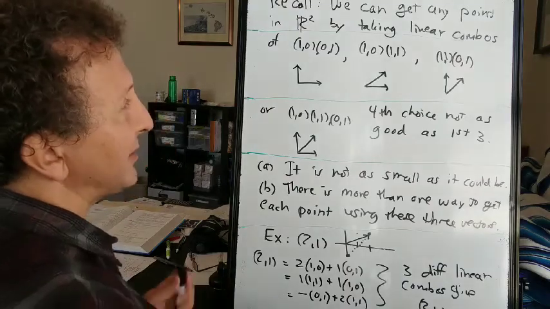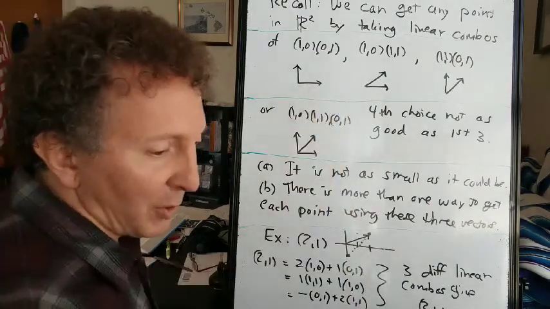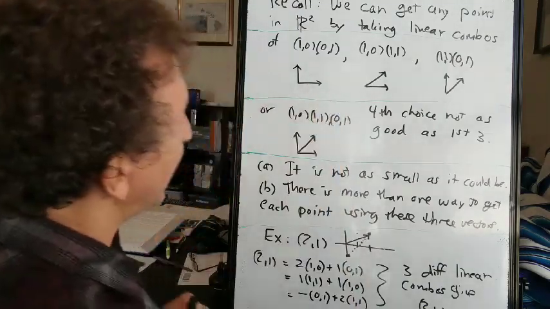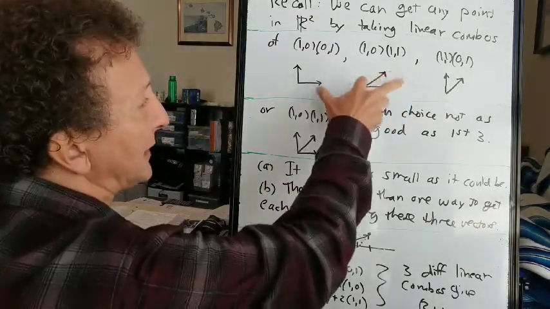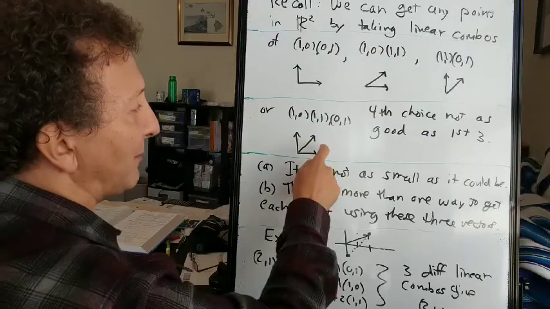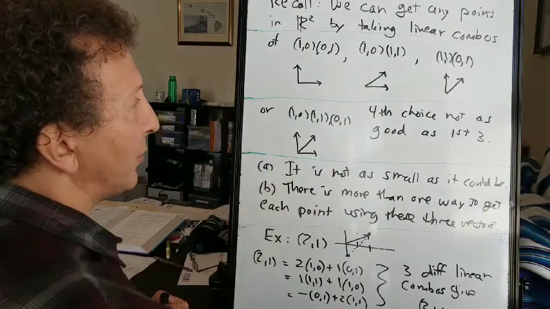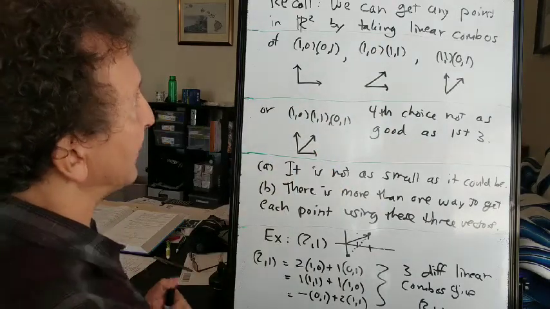And there's a lot of advantages to using a spanning set which is as small as possible. So the name for what's good about these first 3 is called linear independence, and the name for what's bad about the fourth one is linear dependence.